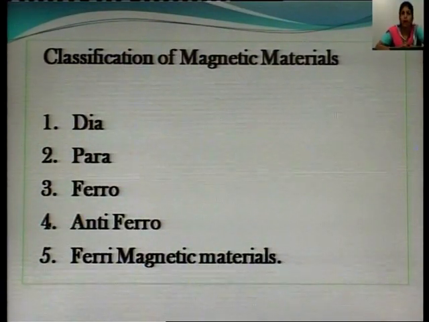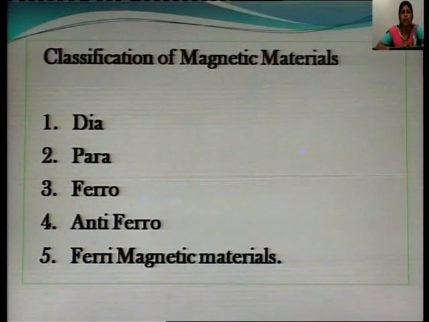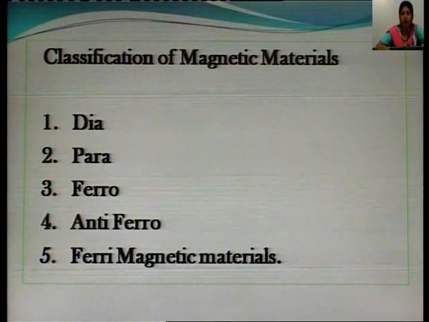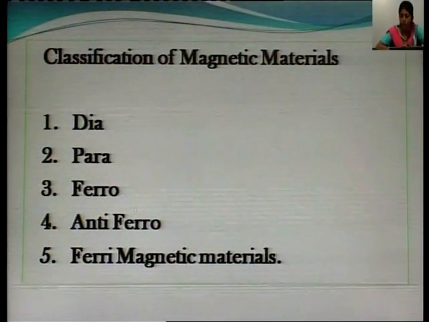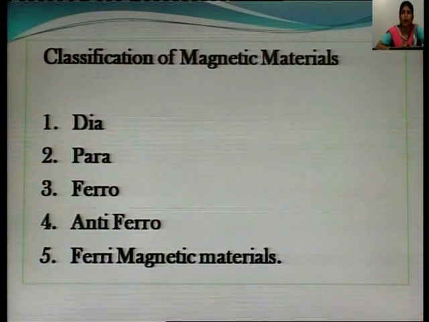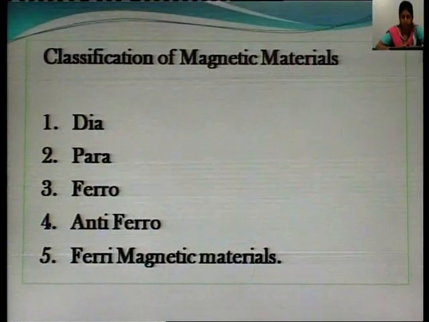The next is diamagnetic materials. These materials are repelled by a strong magnetic field, and examples are zinc and sodium chloride. For these the permeability is less than 1.